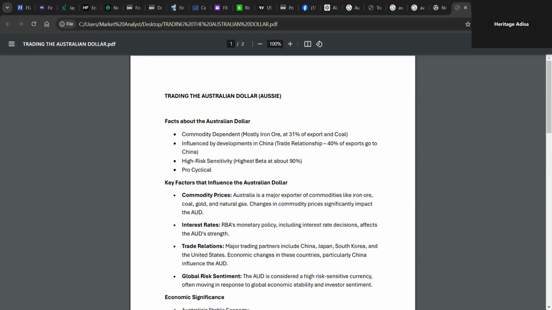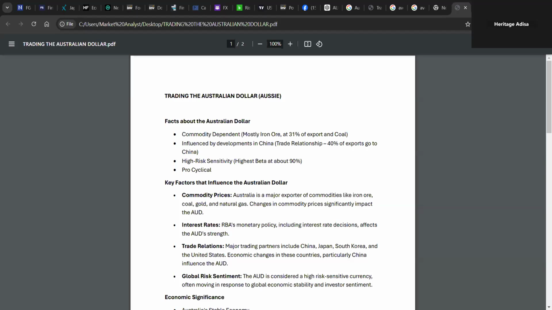When central banks are in a hiking cycle, that is, they're looking to increase interest rates, they are already increasing interest rates, or they're planning to keep increasing interest rates, that is usually a positive influence. So that usually has a positive effect on the value of the currency. That is, when central banks are in a high interest rate environment, the value of the currency tends to appreciate in line with that.